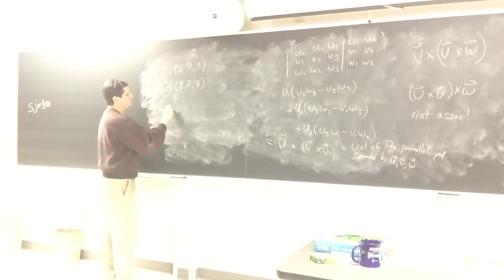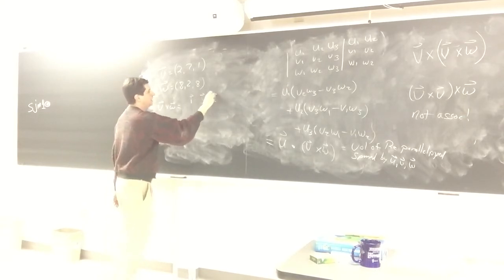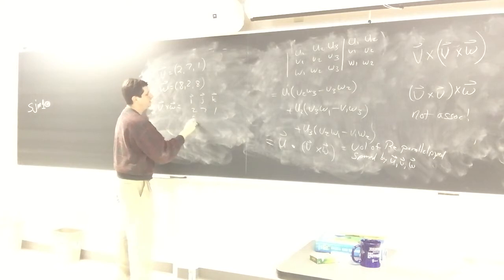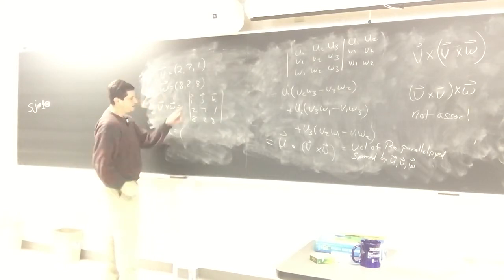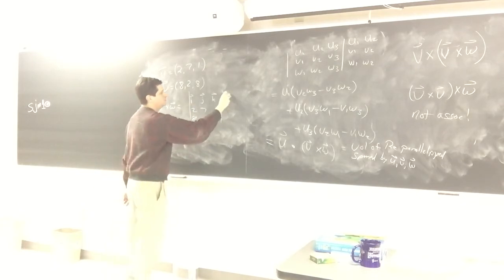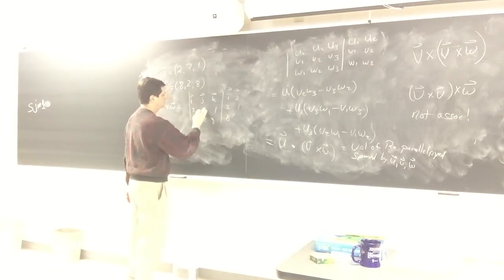So V cross W, so i, j, k, 2, 7, 1, 1, 8, 2.